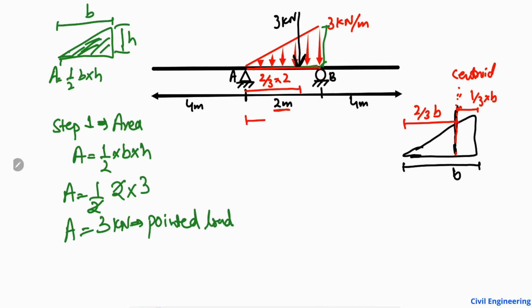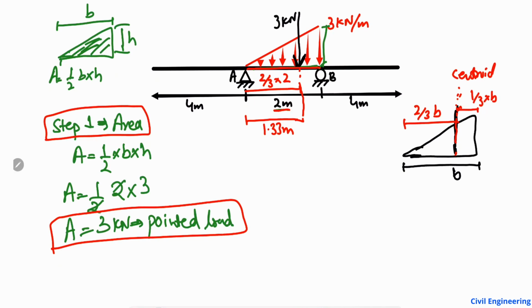So the distance up to where the load is acting will be 2/3 of 2, which comes out to be 1.33 meter. We have to know this distance, because I will show you in the next step how it is used. So the first step was to find the area of the triangle, which was 3 kilonewton, and basically this is the pointed load acting at the centroid of the triangle.